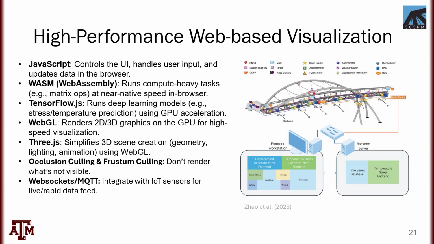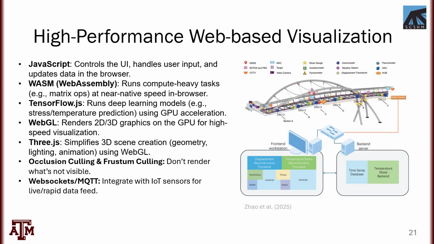We have TensorFlow.js. It enables in-browser deep learning using GPU acceleration. We have Three.js. It simplifies all those 3D scenes, including lighting, geometry, animation. We have a variety of culling techniques that exist to improve speed by basically not rendering when something is hidden or when it's out of view.